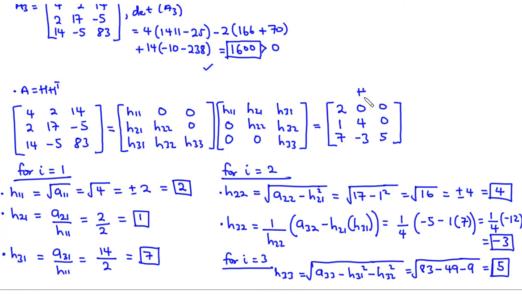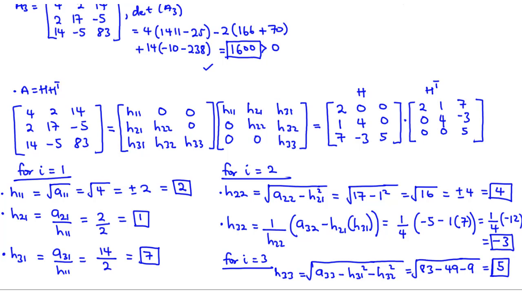So this is H, and then times H transpose. So row becomes column, like we've already done here. So we have 2 0 0, 1 4 0, 7 negative 3 5. So basically this is the decomposition of A into H times H transpose.